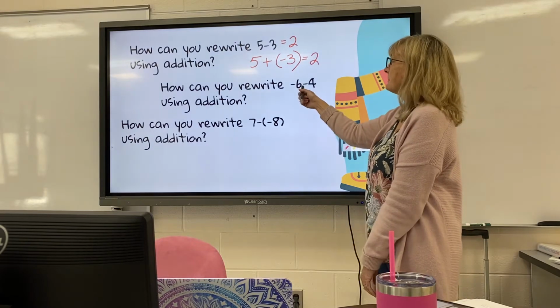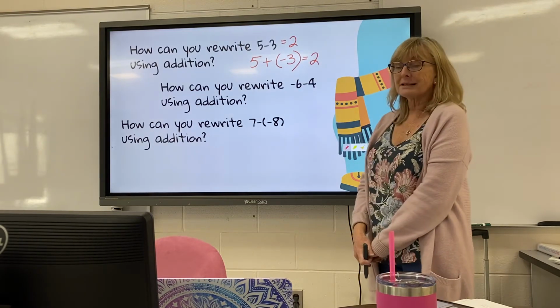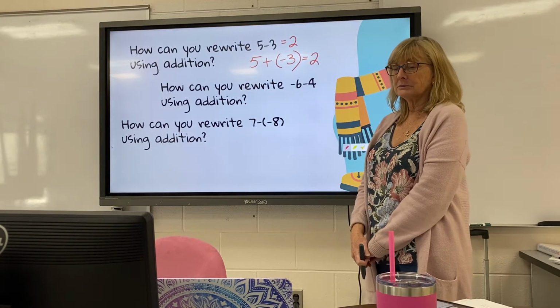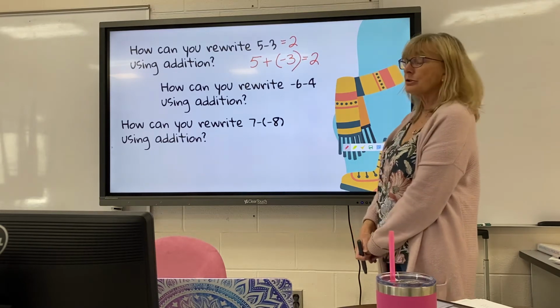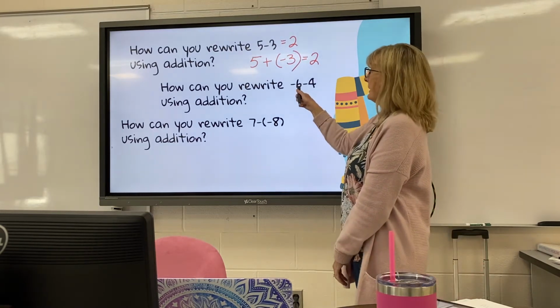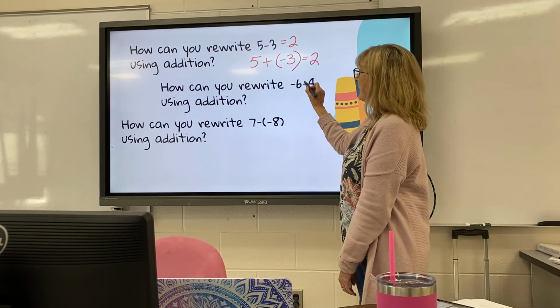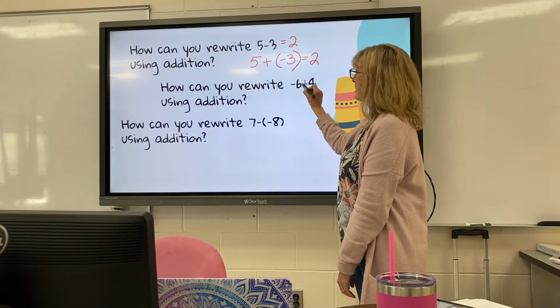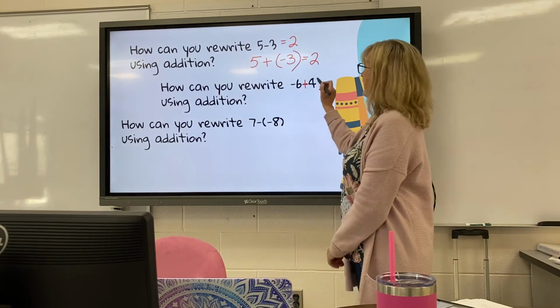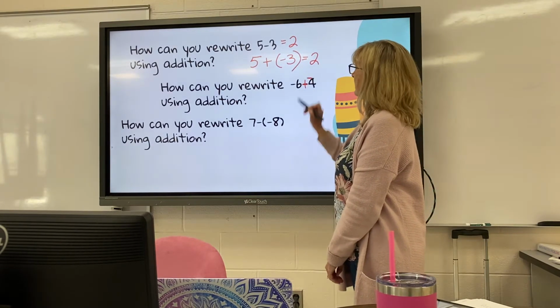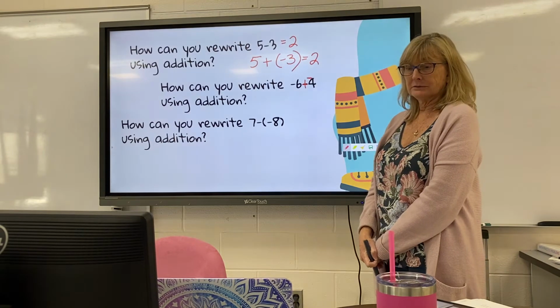But let's take something like this. -6 minus 4. Well, I'm going to turn that into an addition problem by keeping or copying the first number, changing the subtraction to addition, and then I'm going to take the opposite of 4, which is -4.